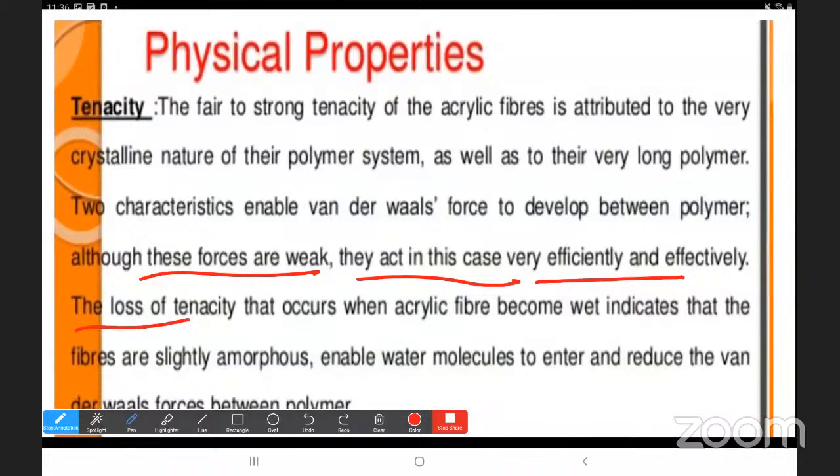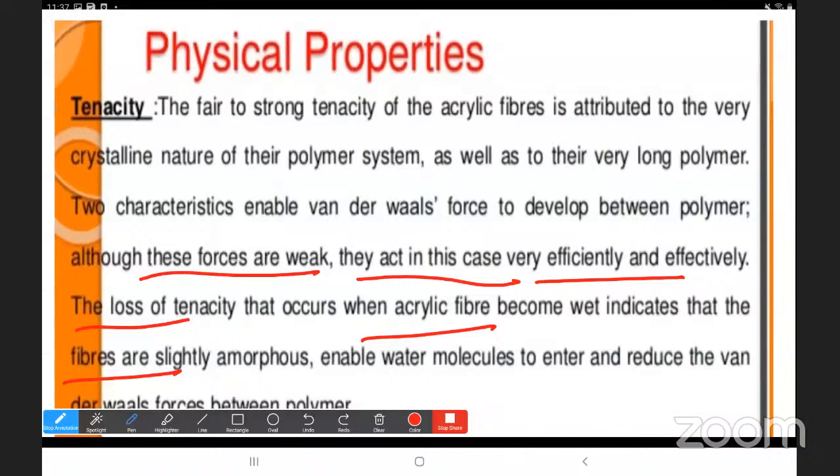The loss of tenacity that occurs when acrylic fiber becomes wet indicates that the fibers are slightly amorphous and enable water molecules to enter and reduce the van der Waals forces between polymers.